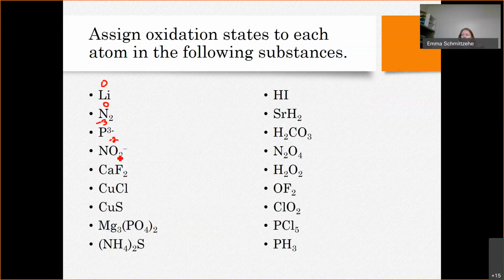You don't multiply it. But when you're trying to figure out what's left, you do need to consider how many you have. So my nitrogen has some unknown oxidation state, and I have 3 oxygens, and each of those has a -2. And that needs to overall sum to -1.